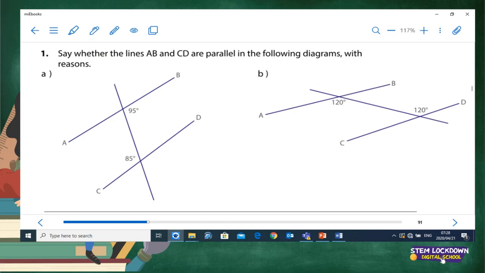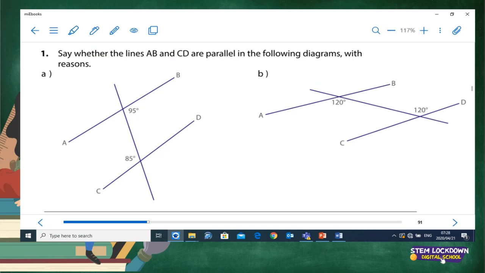Yes or no? The answer is no. The two lines are not parallel. Why do we say AB is not parallel to CD? The answer is simple: the two alternate angles are not equal.